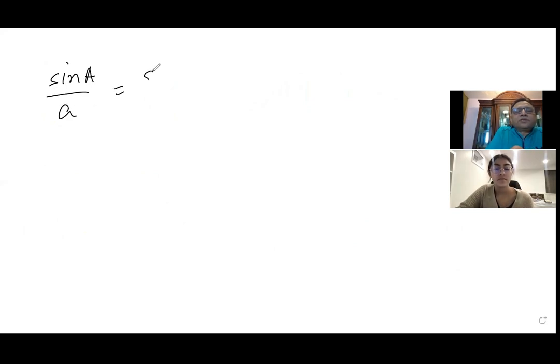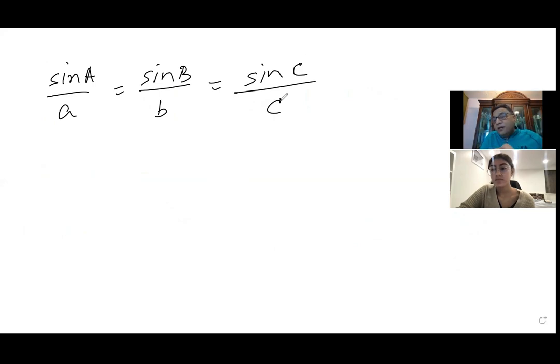Now, there are many examples which we can take. They are relatively simple examples, but let me tell you one very important thing in this sine law. Let's rewrite. So we have sine A over A equals sine B over B equals sine C over C, right? So you can solve many triangles, but not all.